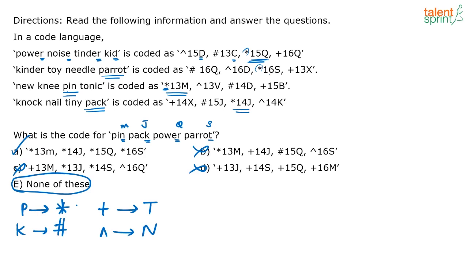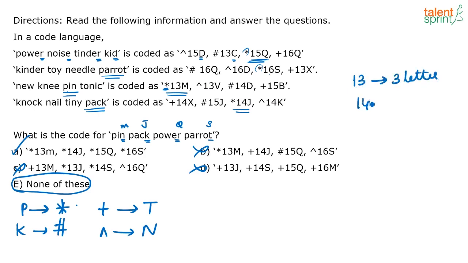Now here we have not even found out the number code that has been used. If you see in all the questions, it looks common, right? See here you have 15, 13, 15, 16. Then you have 16, 16, 16, 13. Again 13, 13, 14, 15, 14, 15, 14, 14. Now the coding that they have followed here for numbers is like this. 13 is being used for 3-letter words.